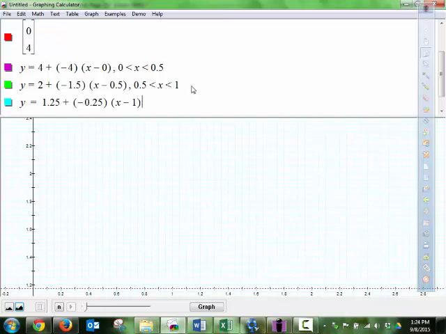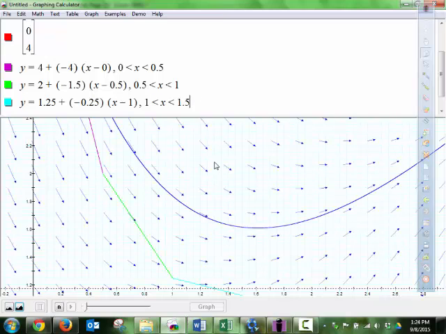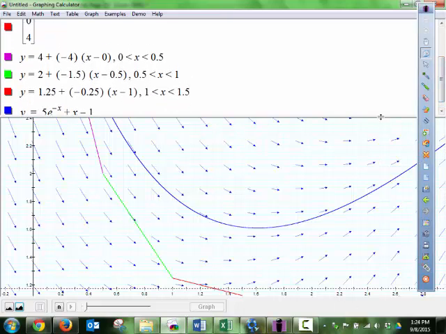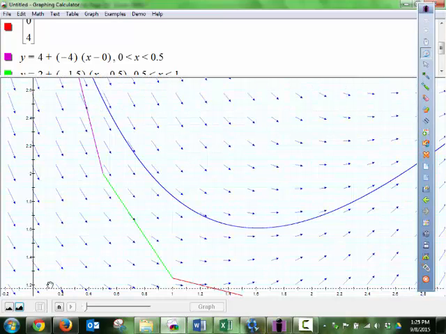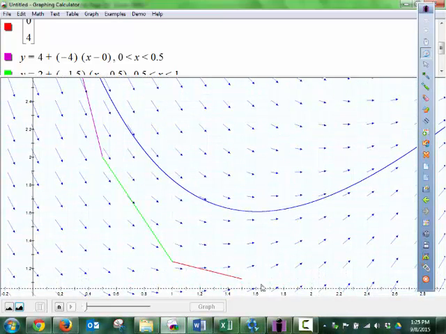And then we want this from 1 to 1.5. And maybe we change the color to something that we can see a little bit better. So it looks like it's going to start to bounce back up, but it went down way too low. And then we do one more and we'll be going. It looks like we'll have a positive slope after that. Okay?